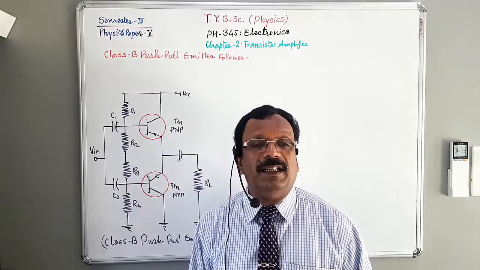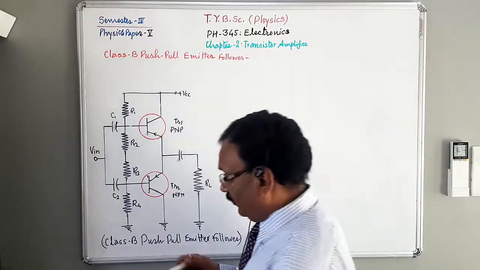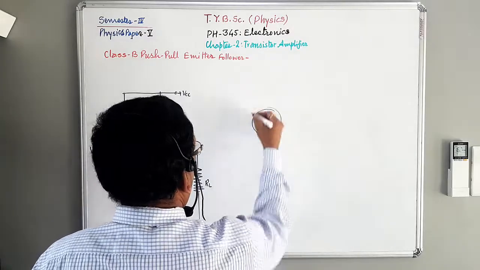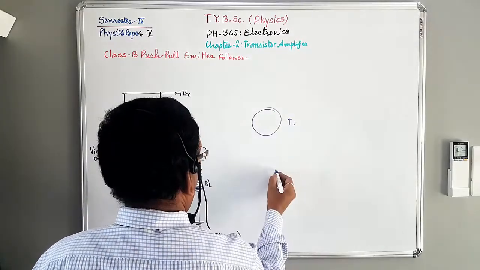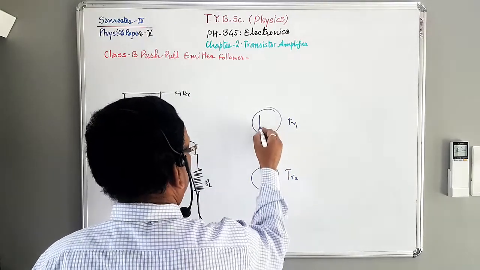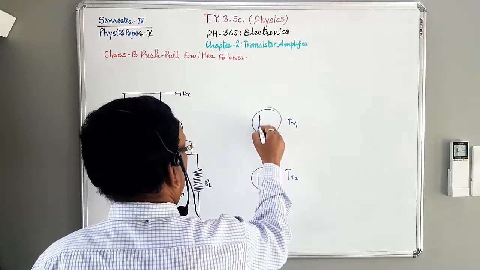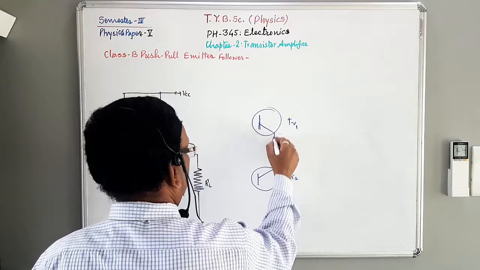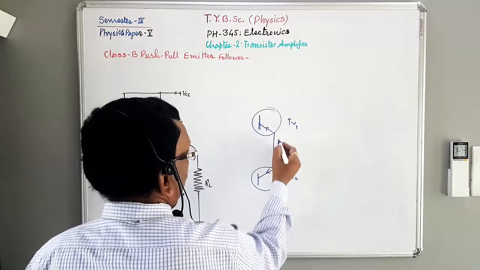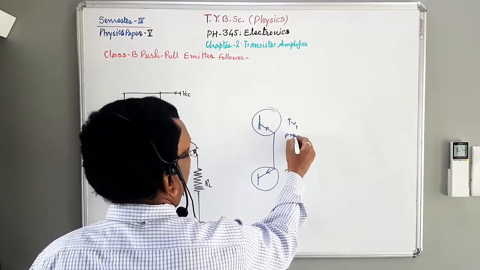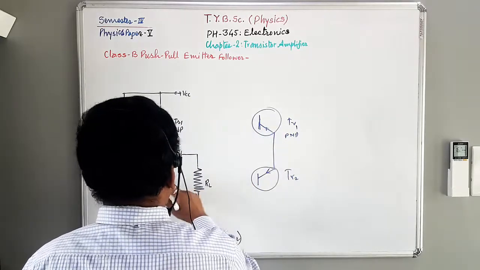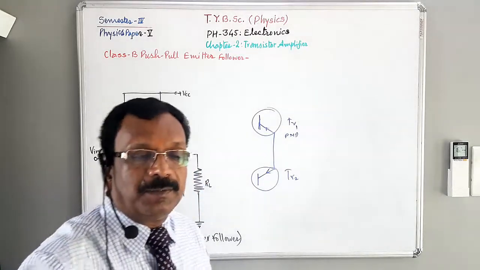Let us analyze the DC equivalent circuit. What is the DC equivalent circuit? See here, same. Suppose this is TR1 and this is TR2. Just a minute, I want to check.